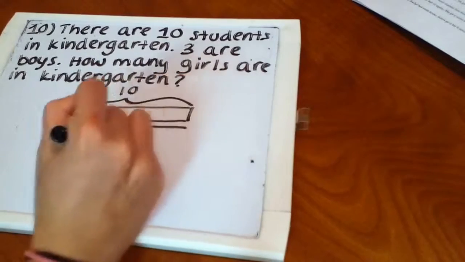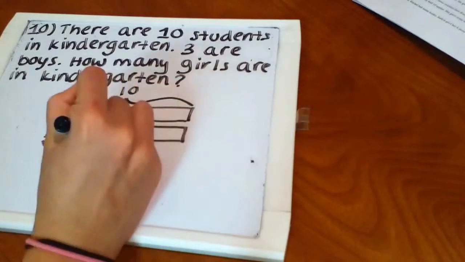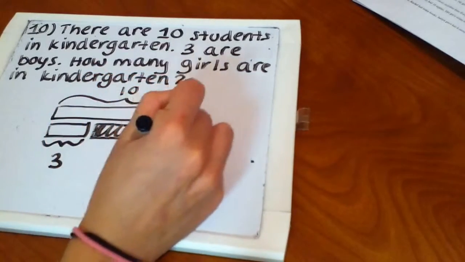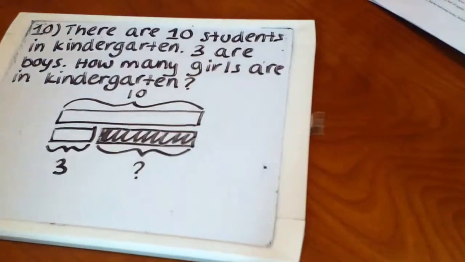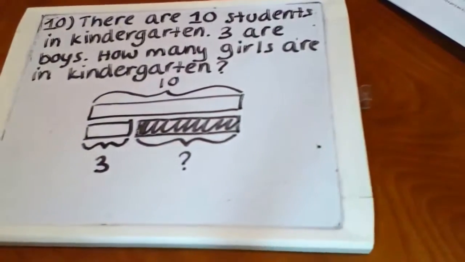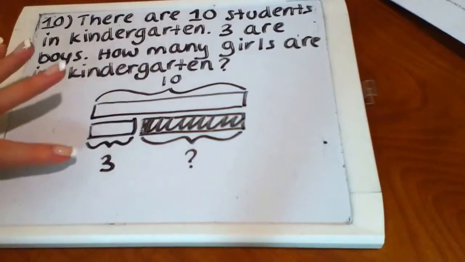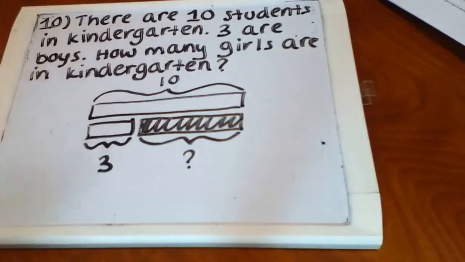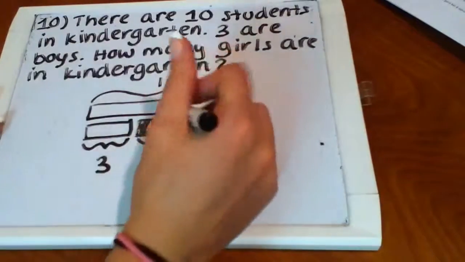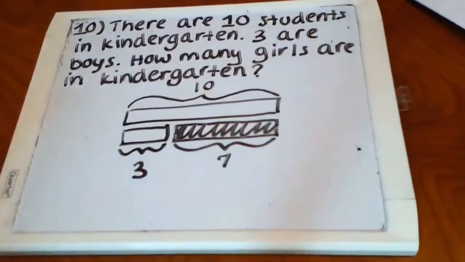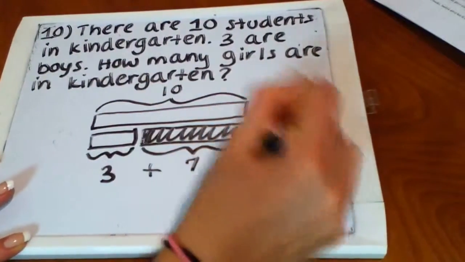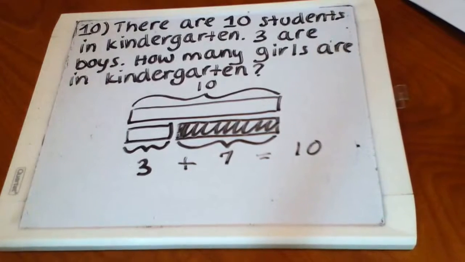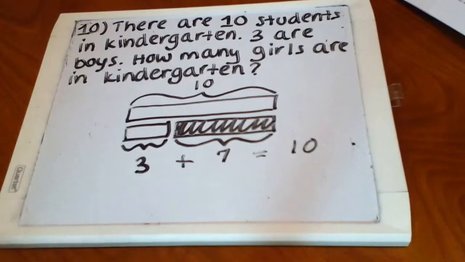So what we need to find is this part. How much is this strip? And as we said in our structure problem, 3 to 10 is 7. And if you add 3 plus 7, that's 10, which is our whole. So that's how you use different structure problems and strips to represent answers.